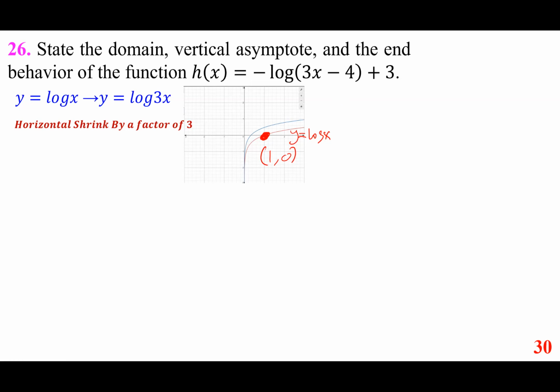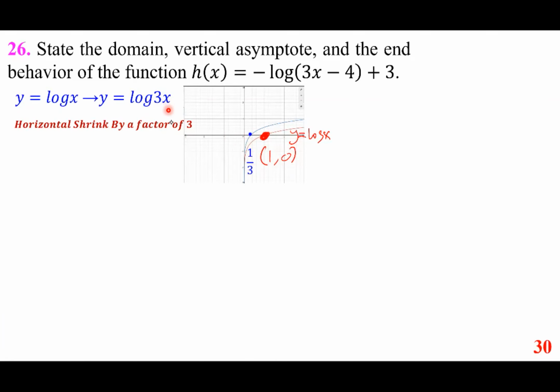Now, when we multiply the x by 3 along the x-axis, it shrinks by a factor of 3. And so now the new point, as far as the x-intercept is concerned, is 1/3. So notice, if you replace the x with 1/3, you get log 1.